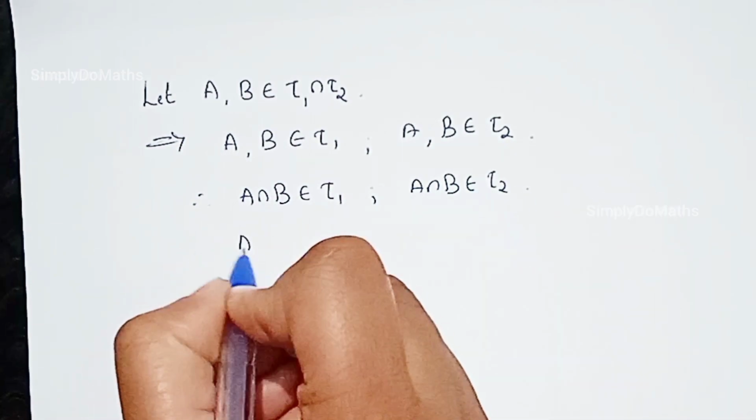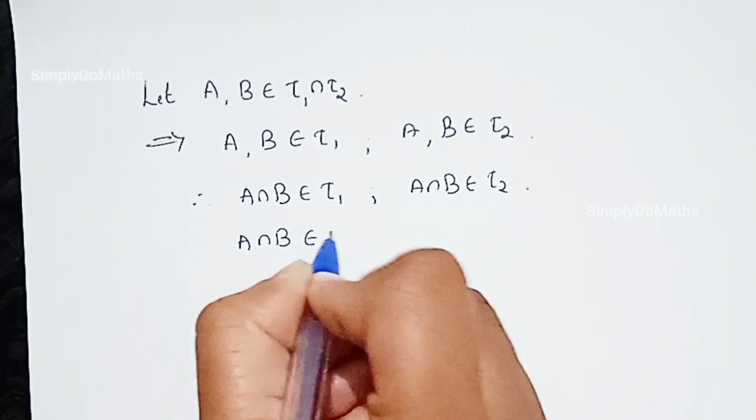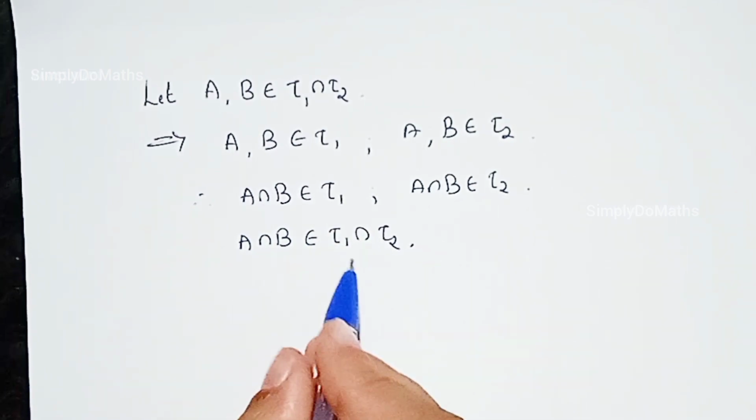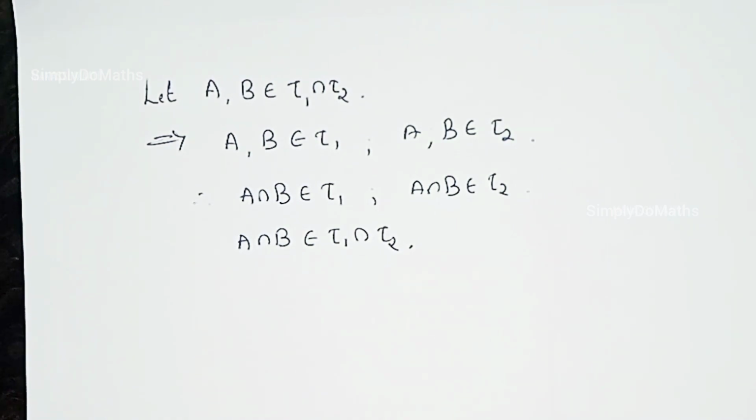Combining these two, we get A intersection B belongs to tau1 as well as tau2. This proves that the intersection of any two members of tau1 intersection tau2 is a member of tau1 intersection tau2. Therefore, by induction, every finite intersection of members of tau1 intersection tau2 is a member of tau1 intersection tau2.